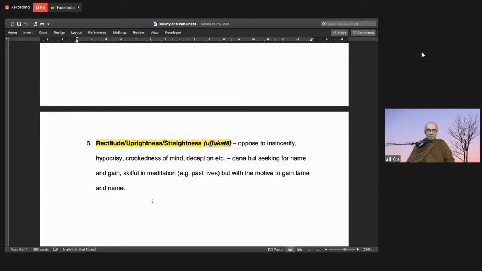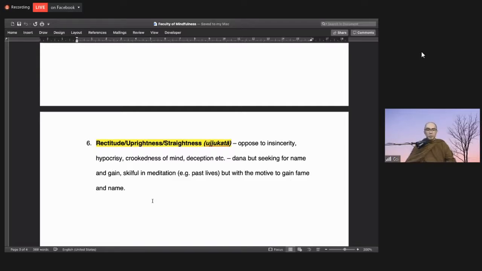Now, as I said, this rectitude here opposes all this insincerity, hypocrisy, or crookedness of the mind, deception, because sometimes when a yogi goes into a deeper aspect of the practice, the taints of craving turn the mind so that you want to find some gain, you want to find some glory, you want the teacher to praise you, you want the position of being a teacher, or you want to be commended by your peers and so on.